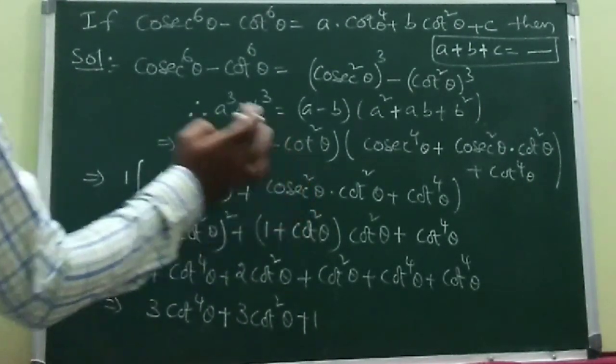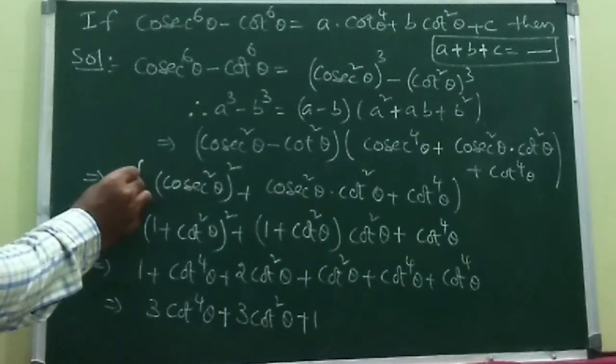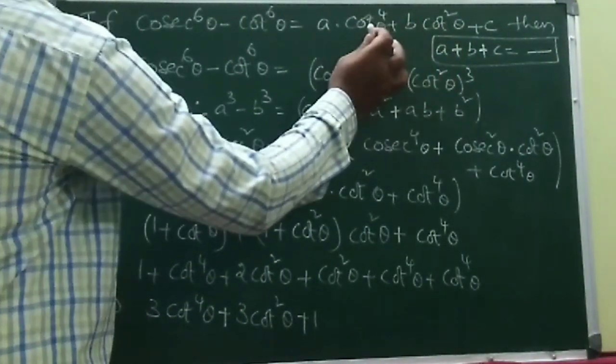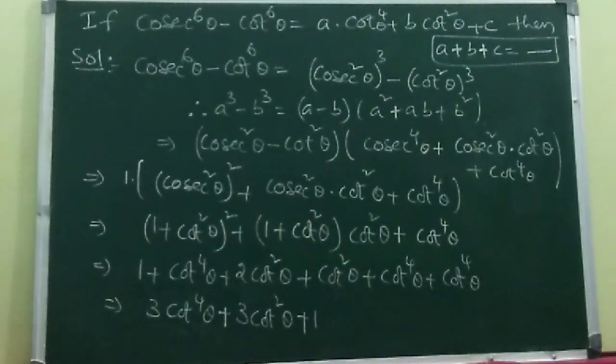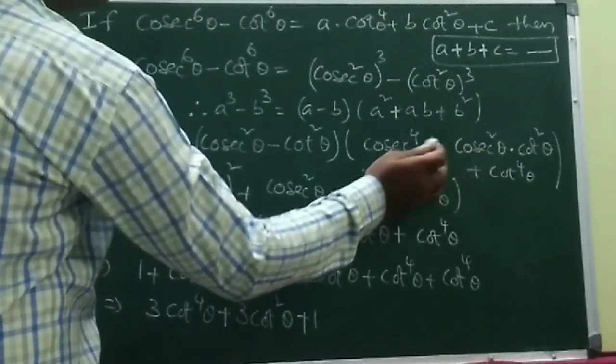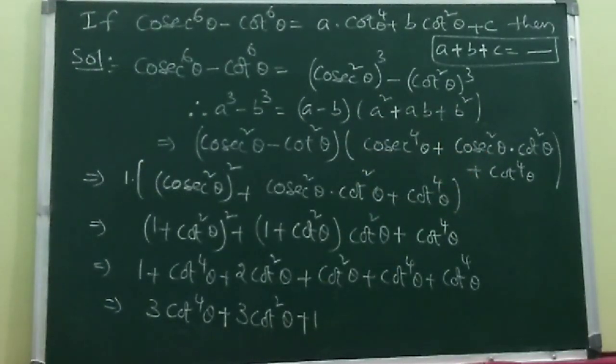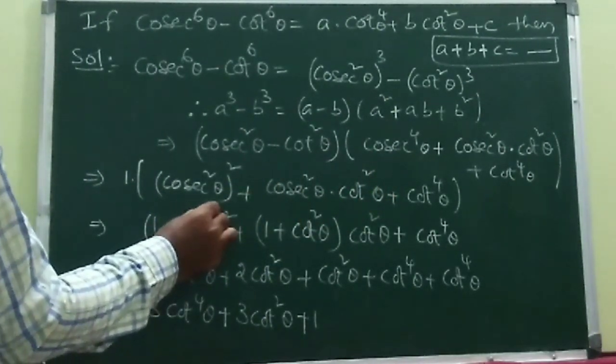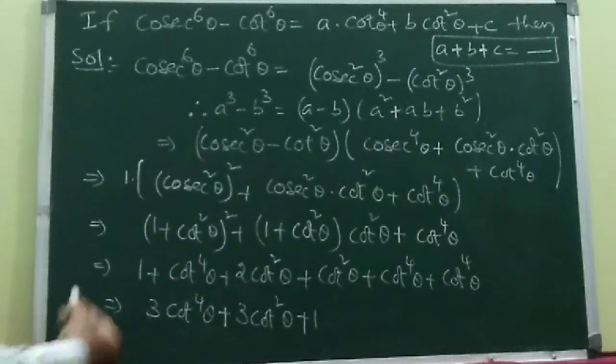Cosecant square theta minus cot square theta is 1. So 1 into, but look at me, in the condition we want strictly in terms of cot, but here we have some cosecant also, so better to change the things in terms of cot. So for that, cosecant power 4, I want to write it as cosecant square theta whole square plus rest of them are as it is.